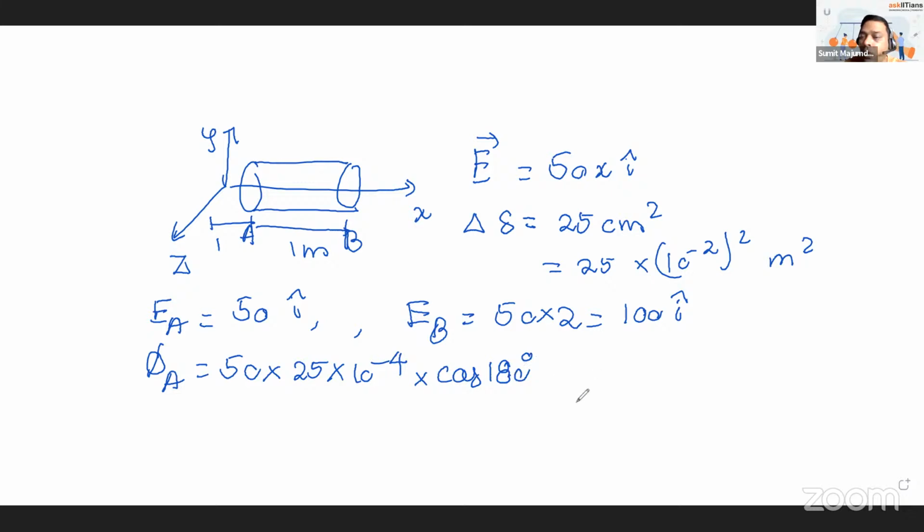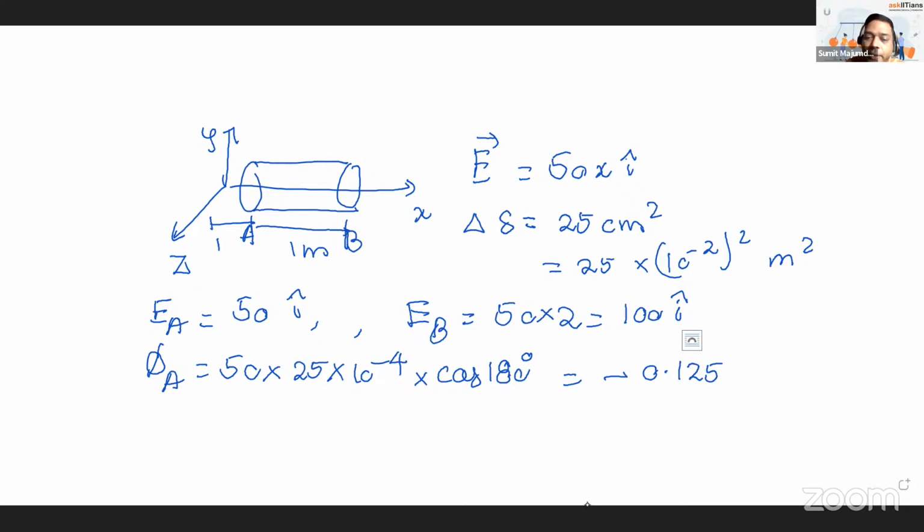We know that cos 180 degrees has a value of -1. So this will come out to be equal to minus 0.125.